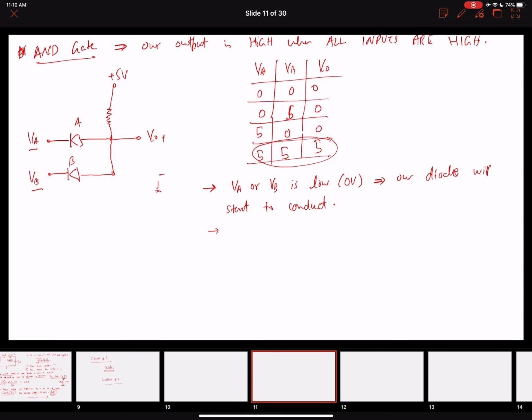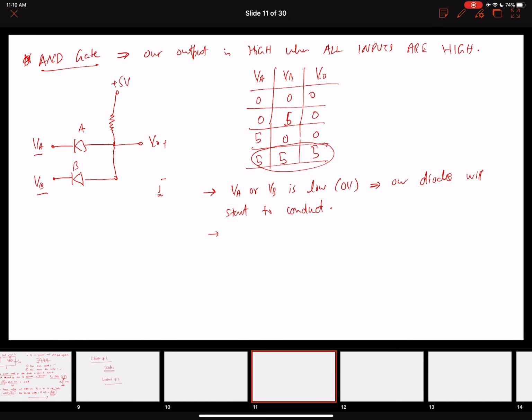The same thing happens when both VA and VB are low: both A and B conduct. When these diodes are conducting, they become a short circuit, and our output voltage becomes 0 volts. So in both of these conditions, our output voltage becomes 0 volts, or low.